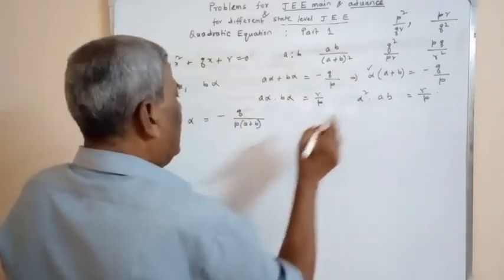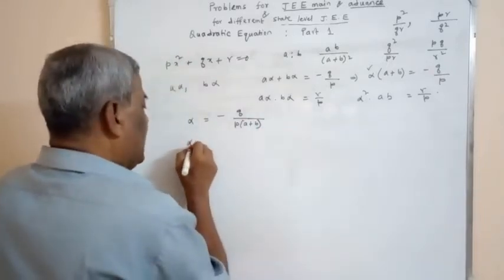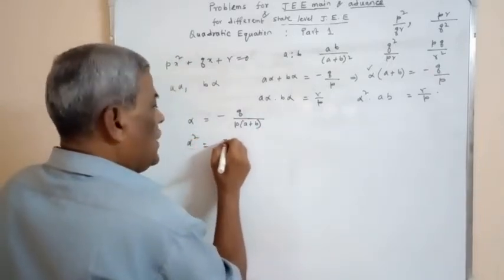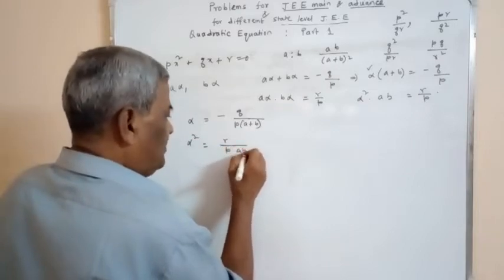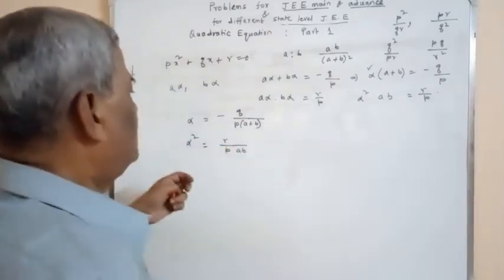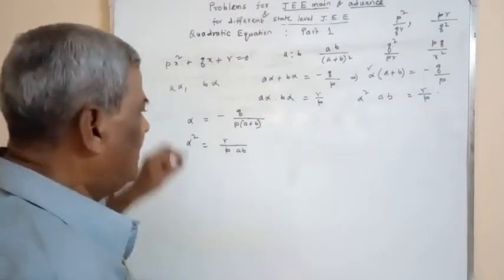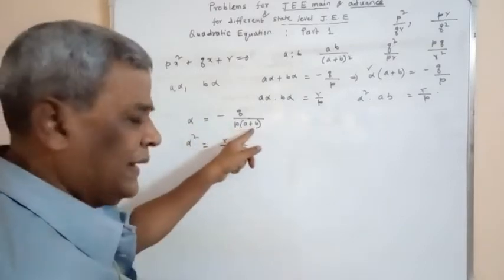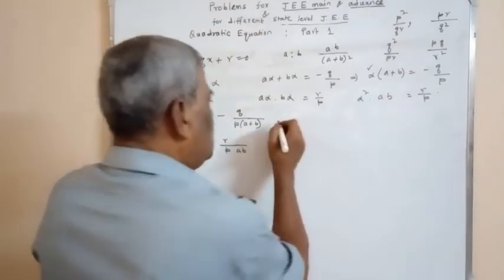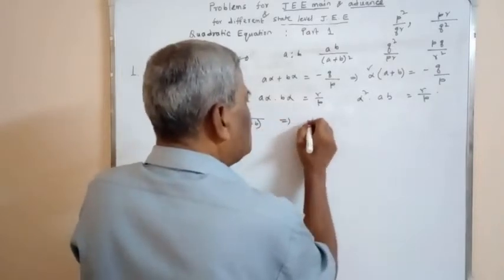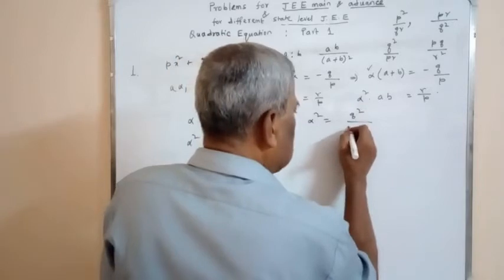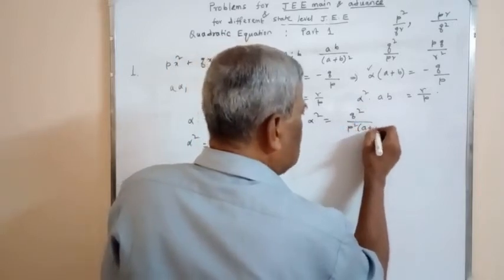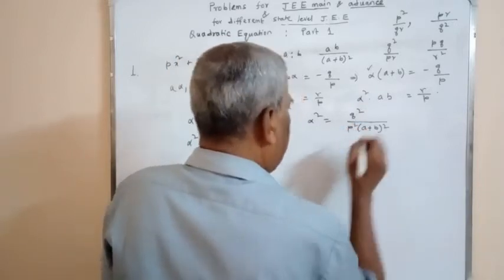And from the second one, alpha square is equal to r by p into ab. Now, to eliminate alpha, make it alpha square and divide. So alpha square is equal to q square by p square into (a plus b) whole square.